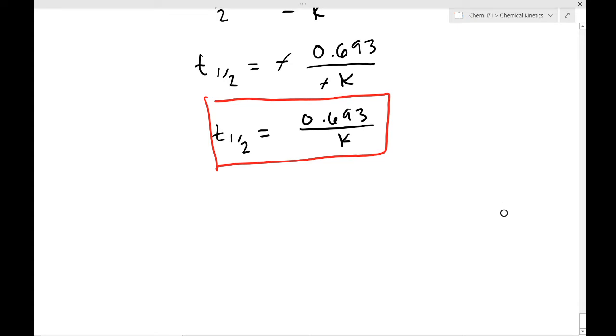And as you can see, this whole equation is independent of the initial concentration, which is interesting. It doesn't matter what your initial concentration is. The time it takes to get rid of half of it will always be the same, and it's only dependent on the rate constant for that reaction.